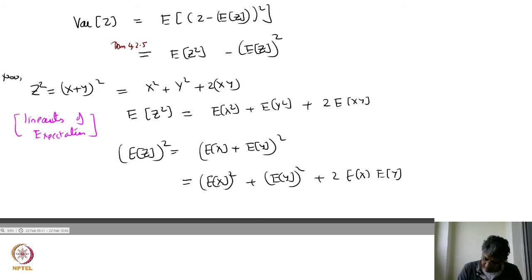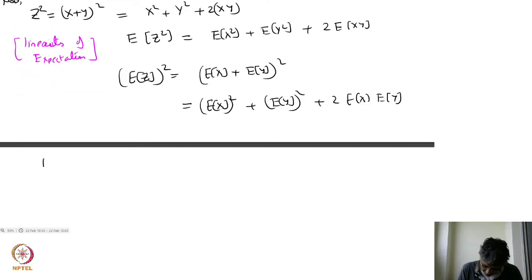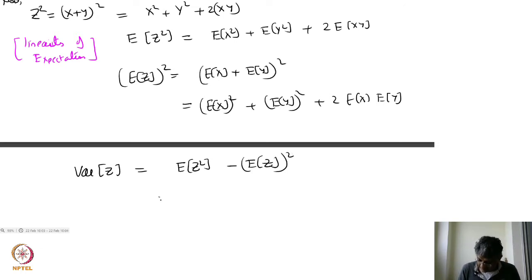So therefore, variance of Z, which is just E of Z squared minus E of Z the whole square, is equal to what now?